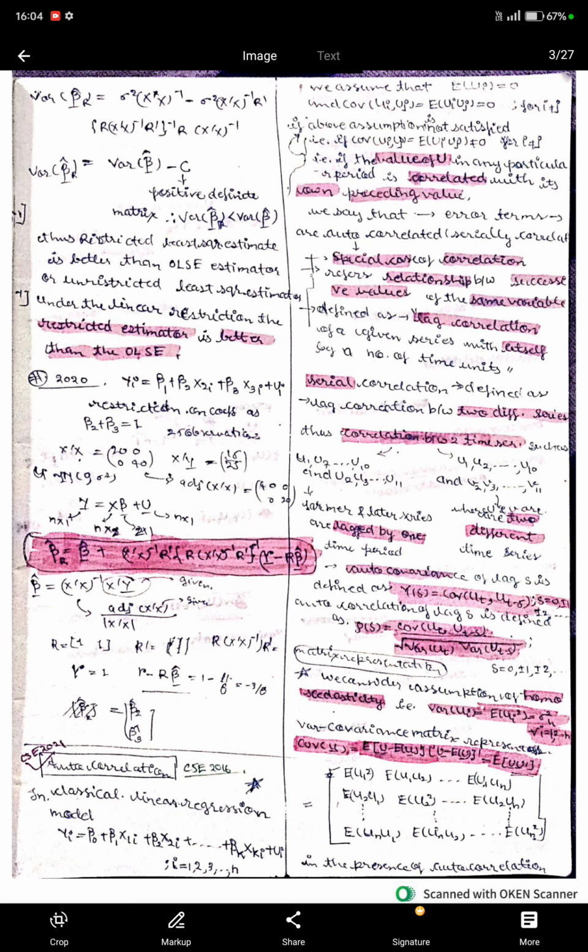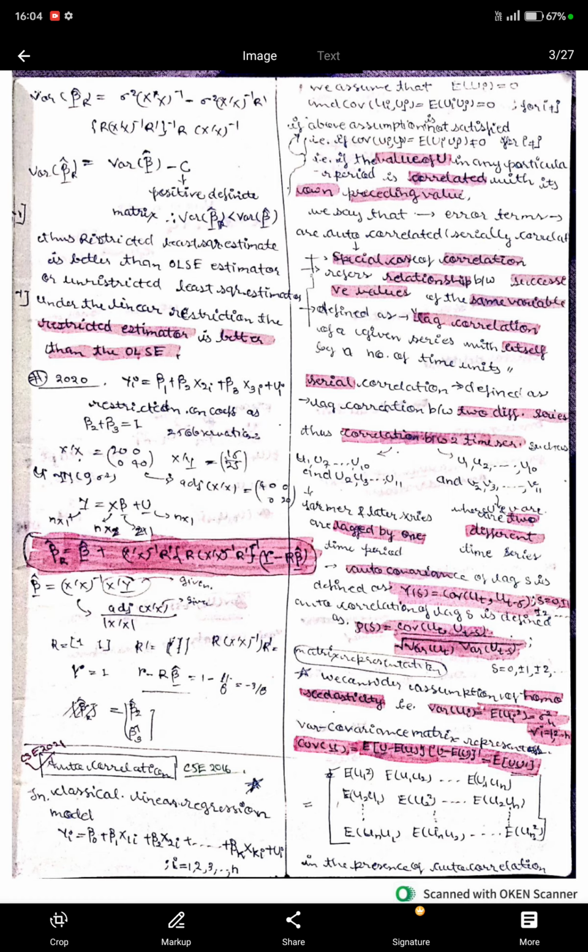R into X dash X का inverse R dash, small r equals to 1. Beta cap की value we will find from here, and then small r minus R beta cap will be 1 cross 3 beta cap. Okay, by putting this value we will solve by the formula.